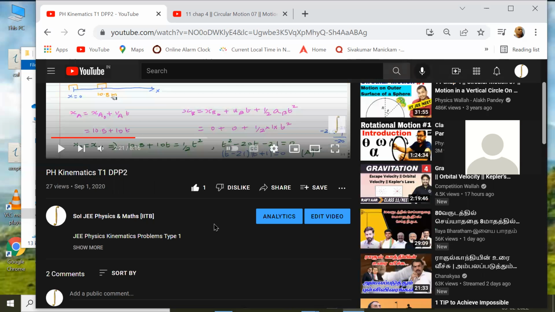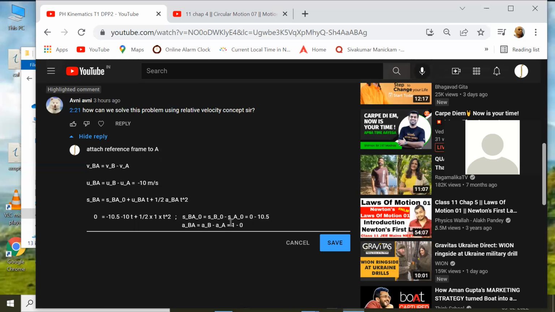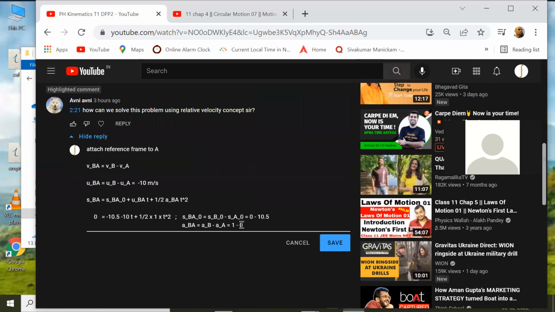So initial displacement of B is 0 and initial displacement of A is plus 10.5. So 0 minus 10.5 is minus 10.5. Similarly, ABA is AB minus AA, and acceleration of B is 1 because it's 45 degrees, and acceleration of A is 0 from the graph. Okay, so now it is clear.